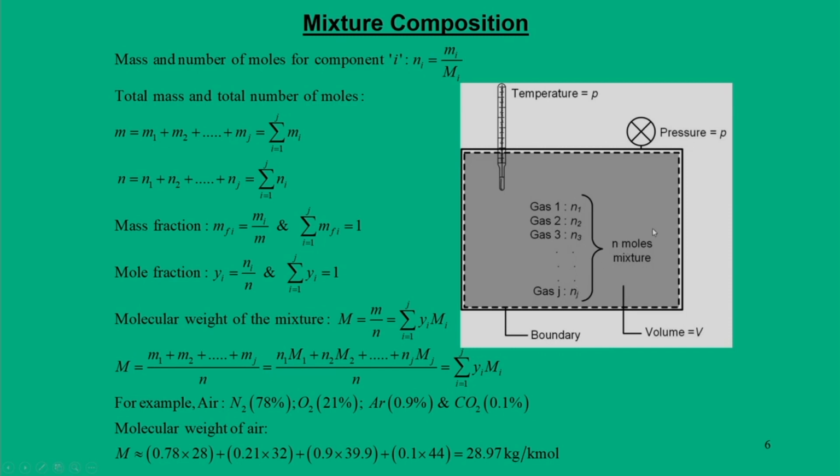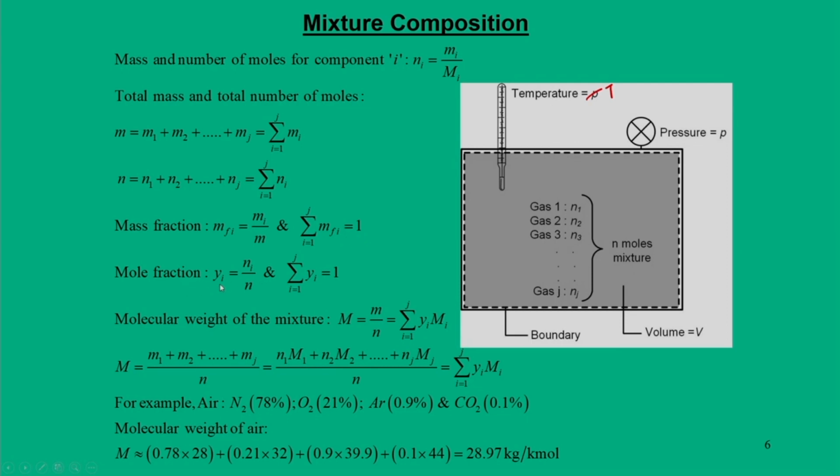The total number of moles in the mixture is N, and this mixture occupies a volume V, at temperature T and pressure P. Under these situations, one can calculate the total mass, which is the summation of Mi, and the total number of moles, which is the summation of Ni. The mass fraction MFi is equal to Mi by M, and the summation of all mass fractions is of course unity.